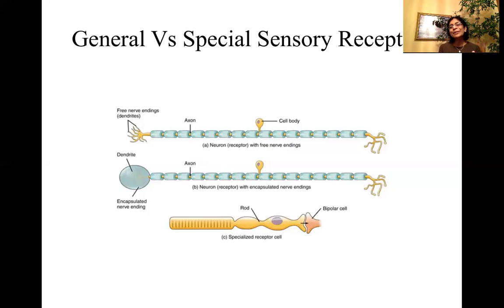General sensory receptors are often scattered in the skin, maybe the lining of the bone, maybe the lining of the blood vessel, etc. Whereas specialized sensory receptors are limited to one special area, which is typically well protected compared to general sensory receptors, which are scattered, for example in the skin that's exposed to all kinds of hazards, chemical hazard, mechanical hazard, etc. It's not well protected, you see.